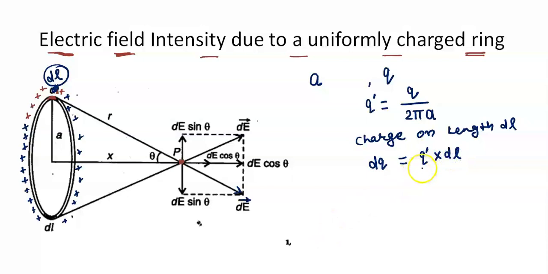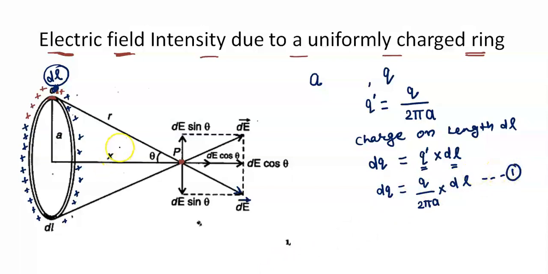The charge per unit length is q upon 2 pi a, multiplied by dl. This is dq, equation number 1.